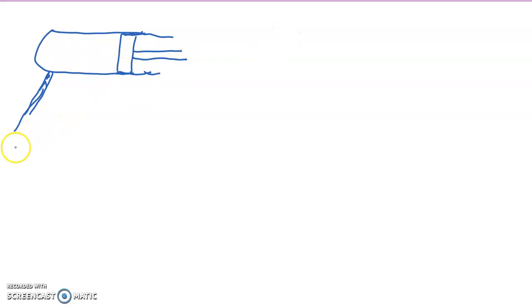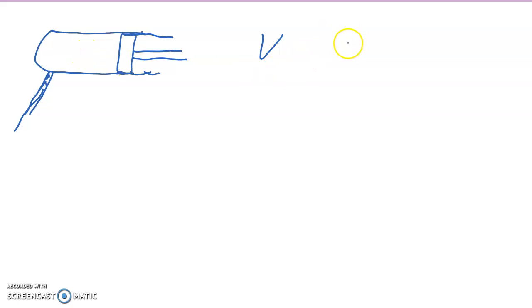Well, if you can pump gas into this cylinder, then you're going to push this piston to the right side because you can increase the volume. So volume is actually proportional to the amount of gas that is inside this chamber.